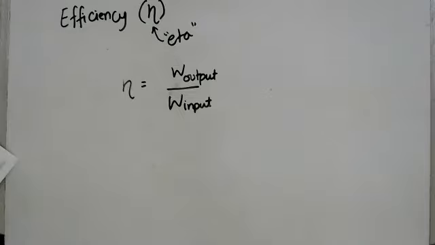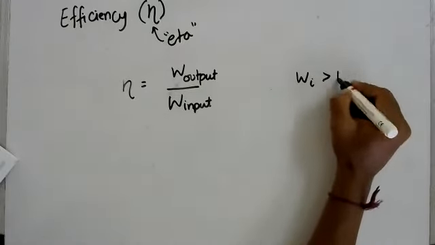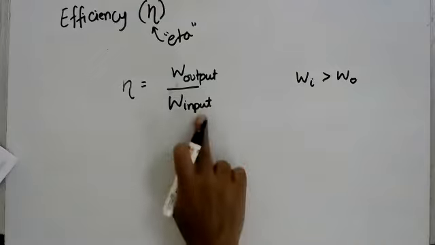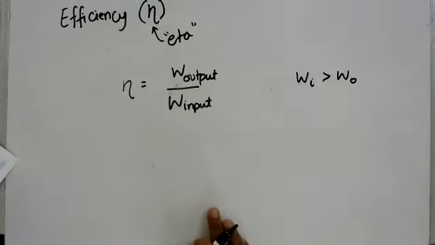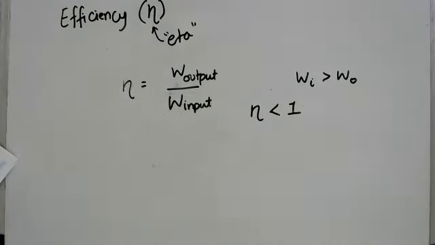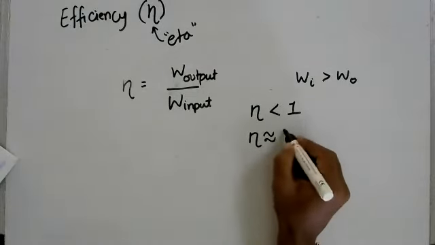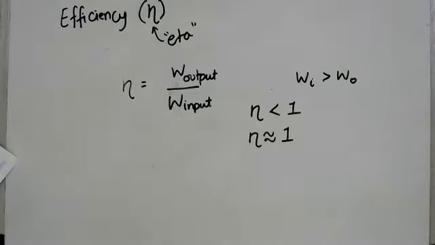Therefore we don't make complete utilization of the work input, and that is one of the simplest reasons why efficiency is not always equal to 1. In general, we can say that work input is always going to be greater than work output. So if the denominator is greater than the numerator, eta will always be less than 1. It can be pretty close to 1. Eta can be pretty close to approximately equal to 1 in very, very simple machines.